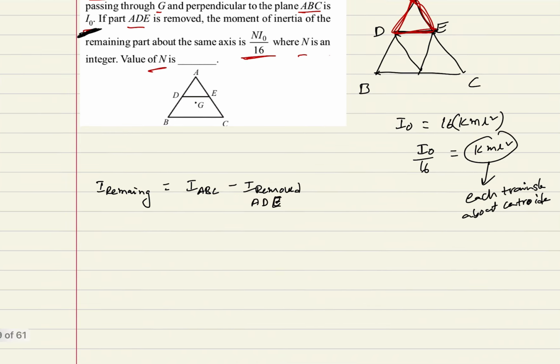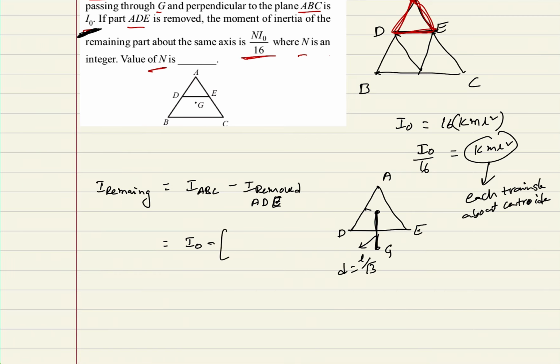The moment of inertia about ABC is I naught. For the ADE triangle and the G location, the distance between them is L divided by root 3, as I have given earlier.